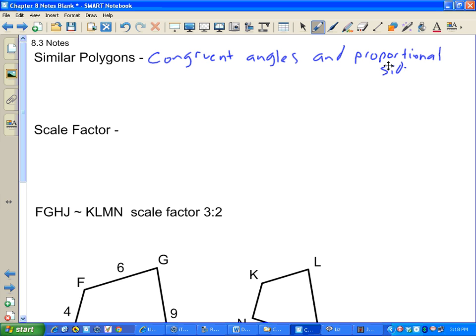And what proportional means is that if I make a ratio between corresponding sides, that ratio will be the same for all sets of corresponding sides. So all corresponding sides make the same ratio.